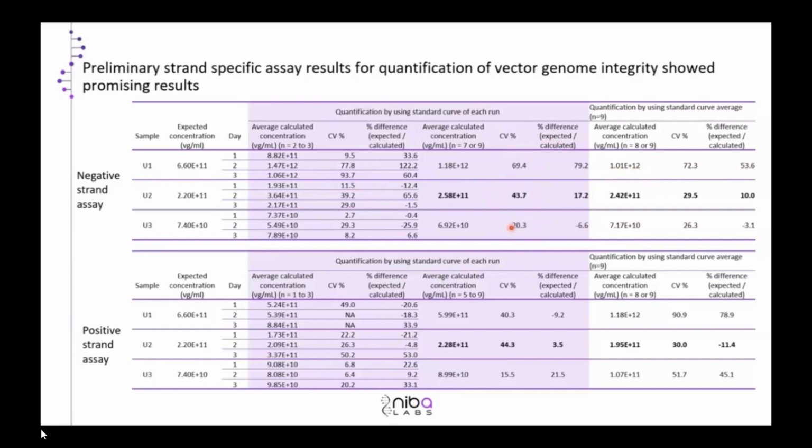However, if we check the individual runs, sometimes there is not so much variability, sometimes there is slightly higher. But I must tell you here that these are really not truly fully optimized conditions. So this is just the proof of concept that we can also evaluate vector genome integrity with the BLI system.